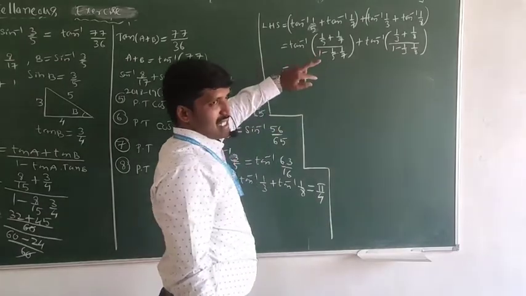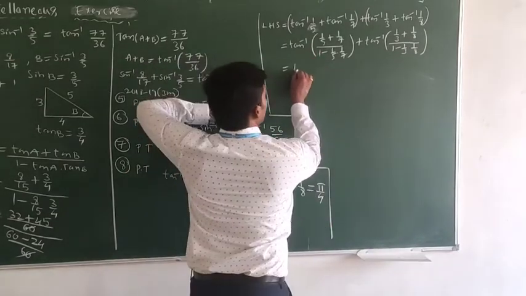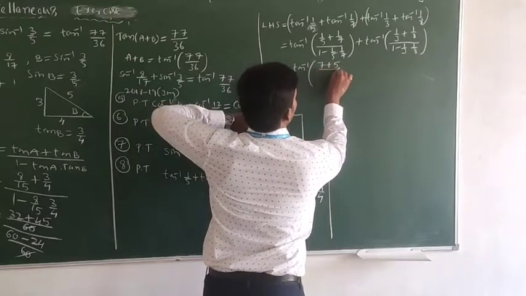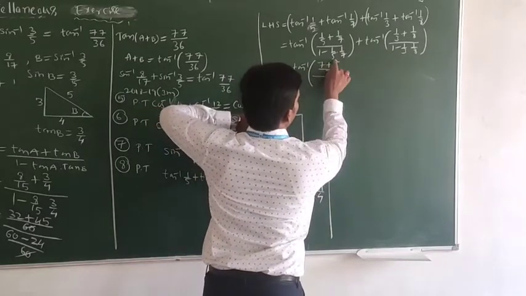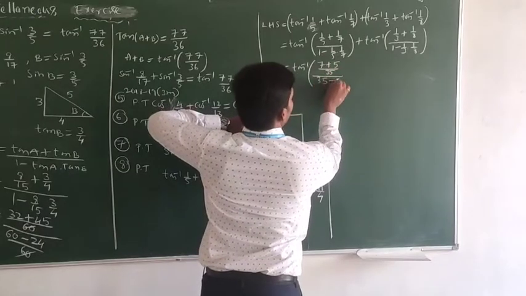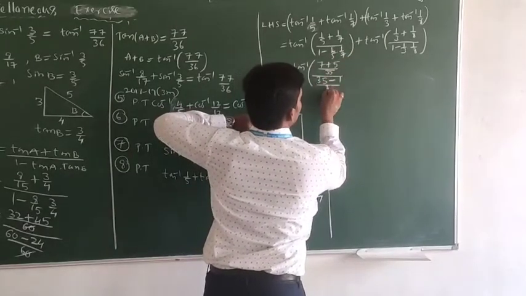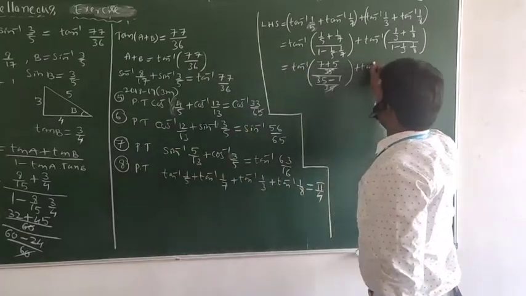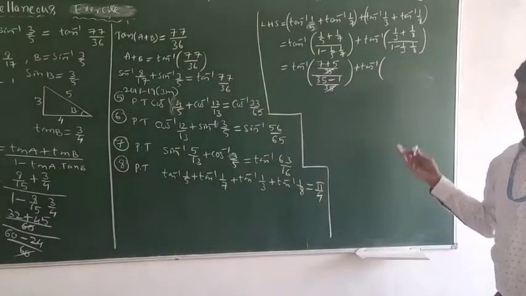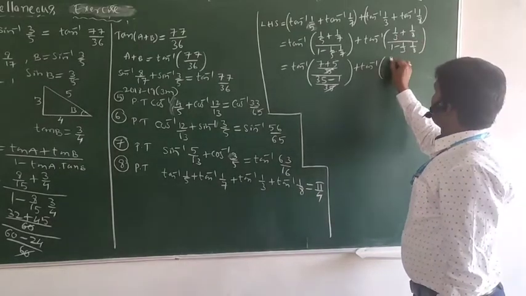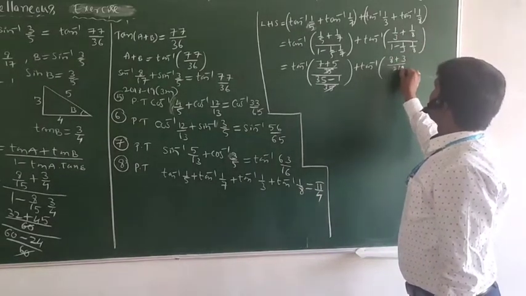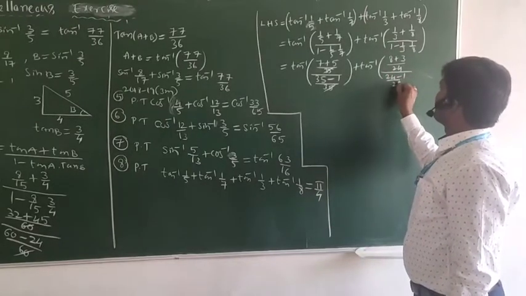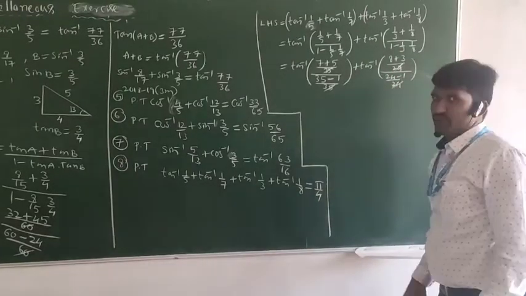For 5 and 7, what is the LCM? It is 35. Tan inverse of 7 plus 5 by 35 divided by 35 minus 1 by 35. 35 gets cancelled. Plus tan inverse of, for 3 and 8 the LCM is 24, 8 plus 3 by 24 whole divided by 24 minus 1 by 24. 24 gets cancelled.